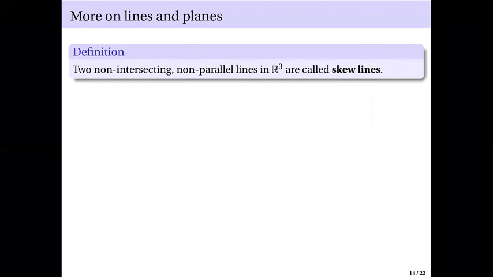Remember, in R2, if you have two parallel lines, then they will not intersect in the two-dimensional Cartesian plane. So in R2, you have this line here, you have this line here, parallel.